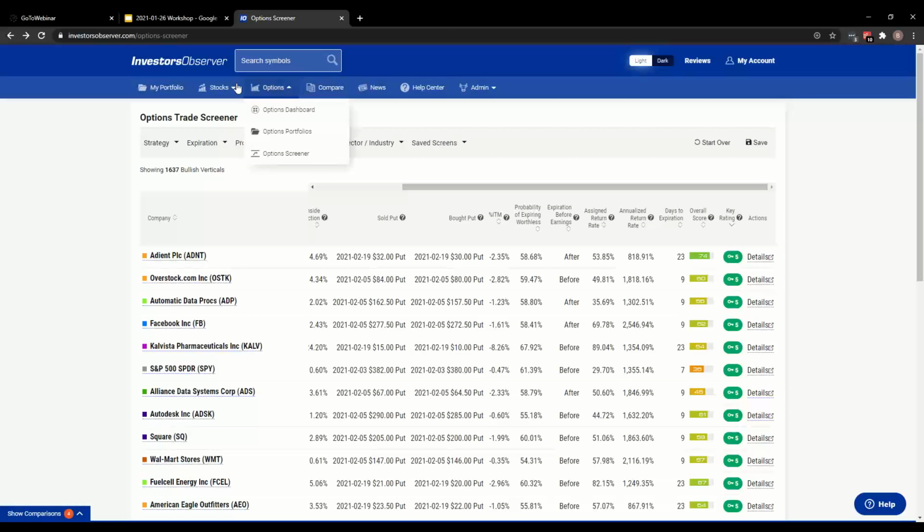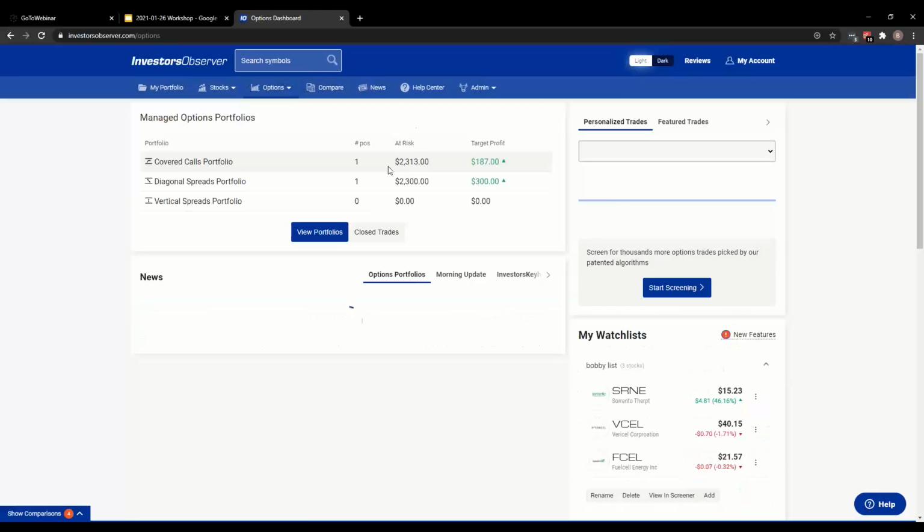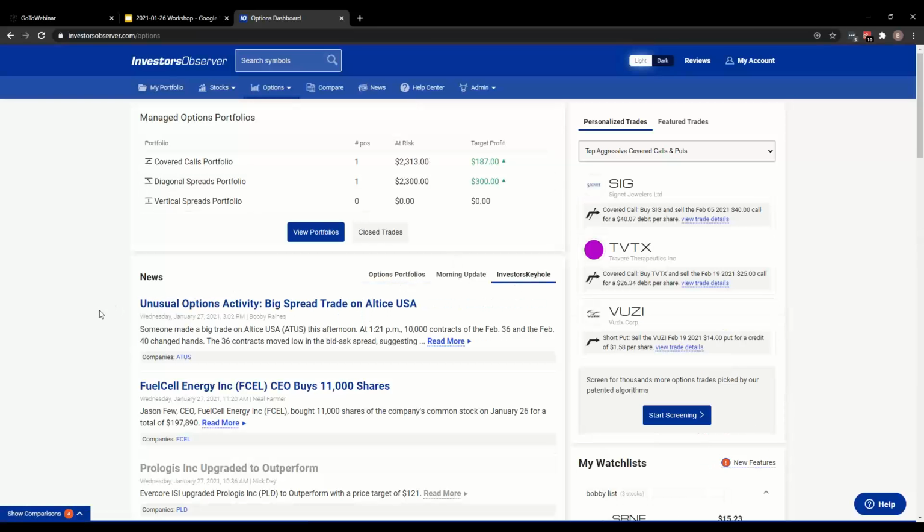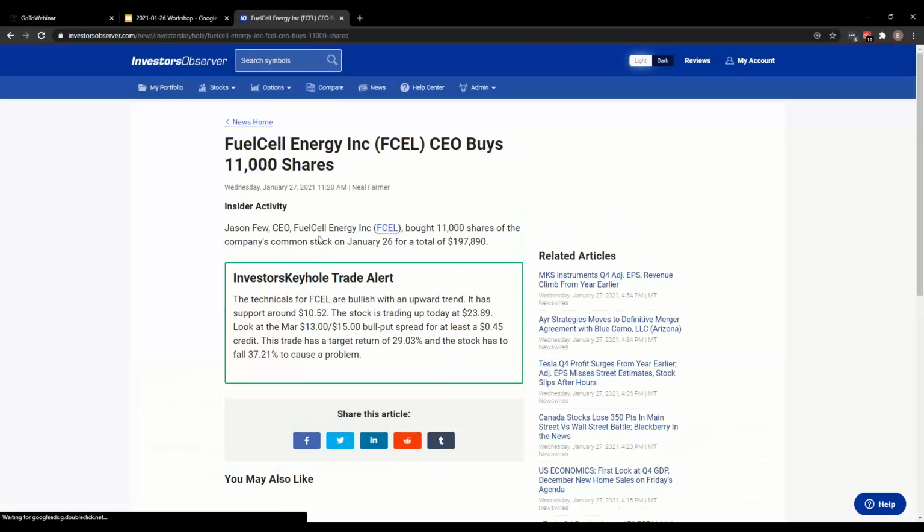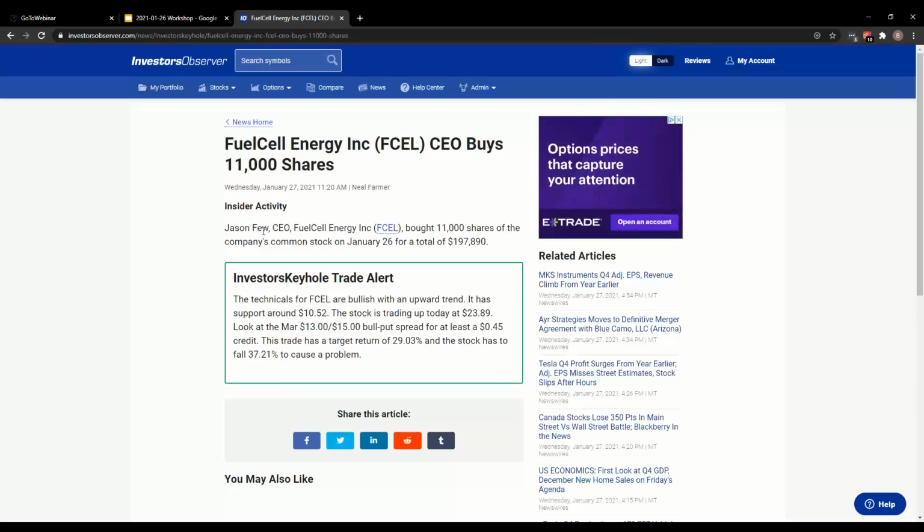All right, so we got another question about the Investors Observer keyhole trades here. Fuel cell. All right, so this one, yes, the CEO of the company bought 11,000 shares on January 26th for almost $200,000.